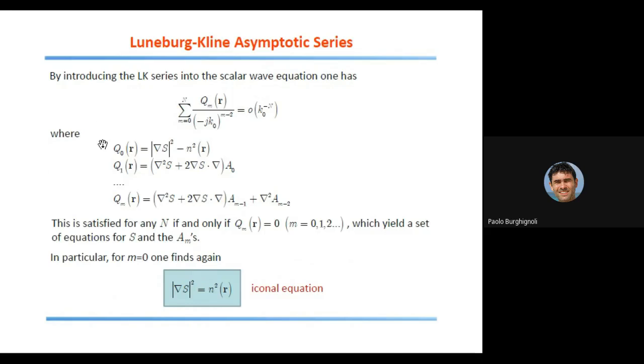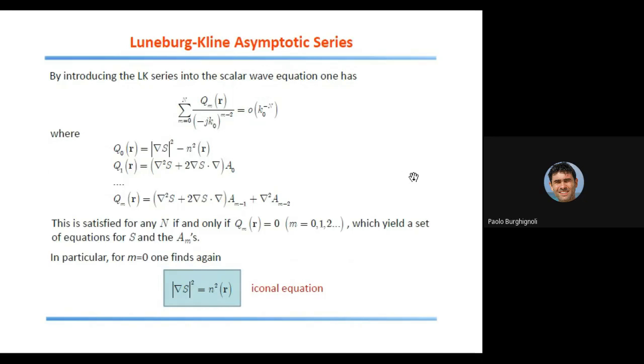In particular, Q0 is the difference between the square absolute value of the gradient of the eikonal minus n squared. Then there is Q1 and others, etc. Now, this equality on the top may hold for any index N only if all those numerators are identically 0.